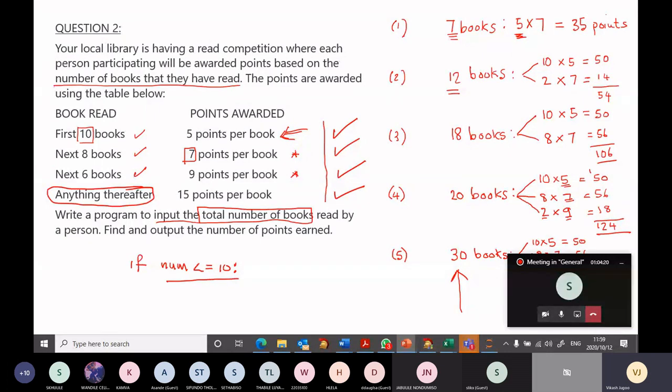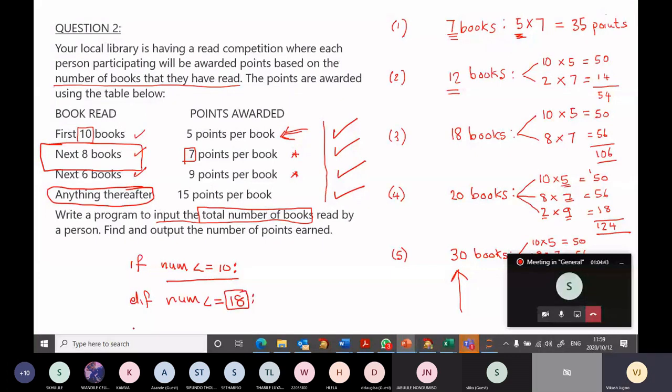Then for the second one, the next 8, I'm going to be saying else if num is less than or equal to 18, 10 and 8, 18. Next 8 falls into the category of 18.